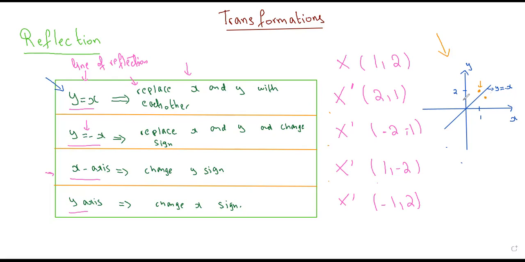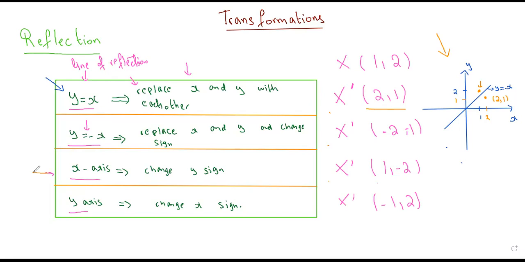This point is 1 and this point is 2. So the coordinates are 2 and 1, okay? Now we can see that using the table method, the tips I've given you is also telling us that it could be 2, 1, and if you are doing it directly, you would also be getting the same point, right? You should know both the methods. You should be clear with the concept as well as with these tips, okay?